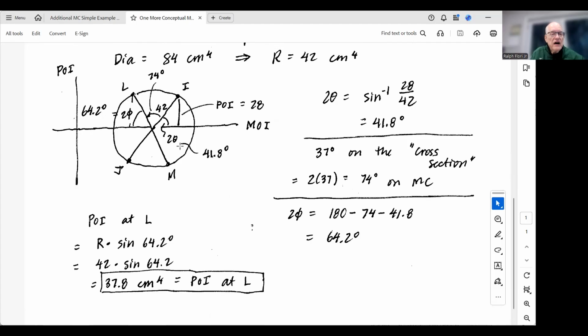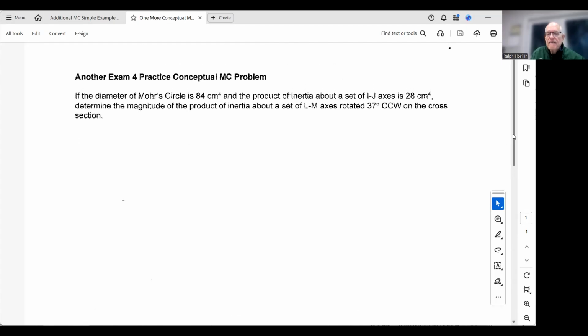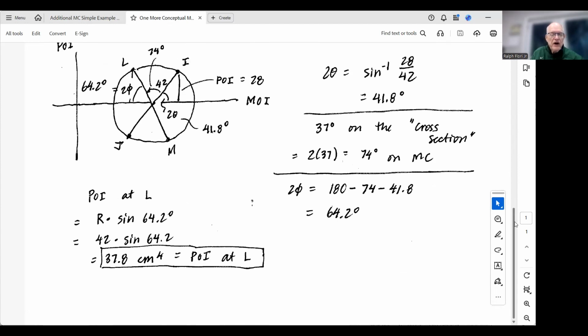And so this point L, it was asking for the LM axes. And so this guy's L, and this guy's M. This angle is 64.2. This hypotenuse is the radius, which is 42. So the product of inertia at L is basically equal to the radius times the sine of 64.2. And so the product of inertia is 37.8 centimeters to the fourth at L.